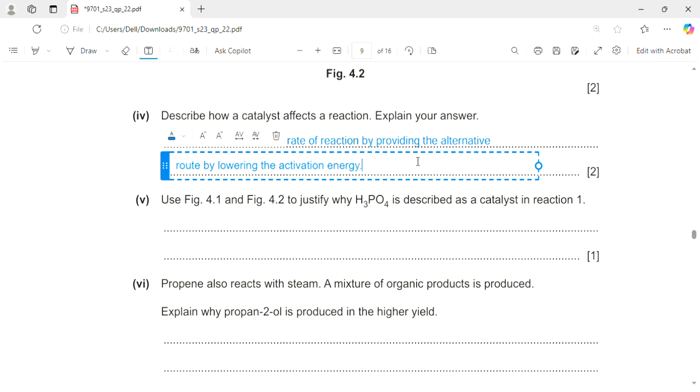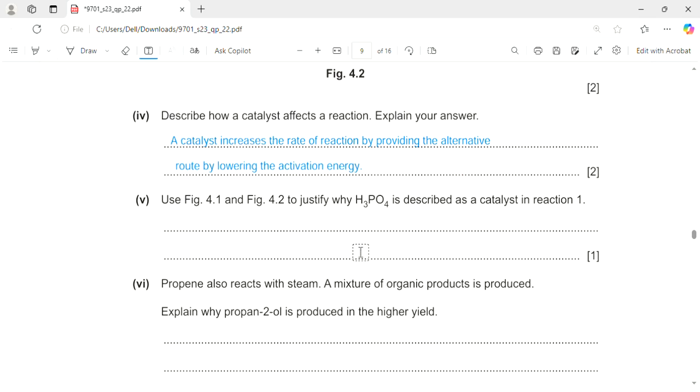So we have done with this part. Now move to the next part.